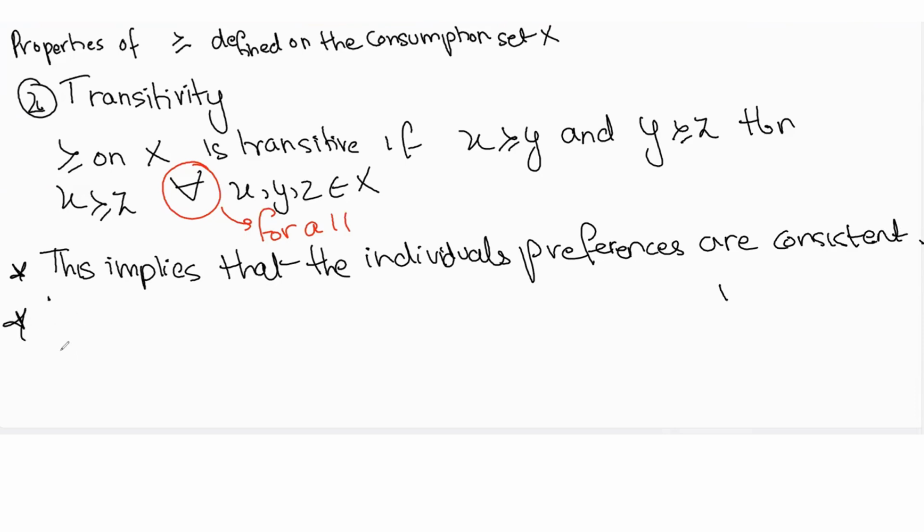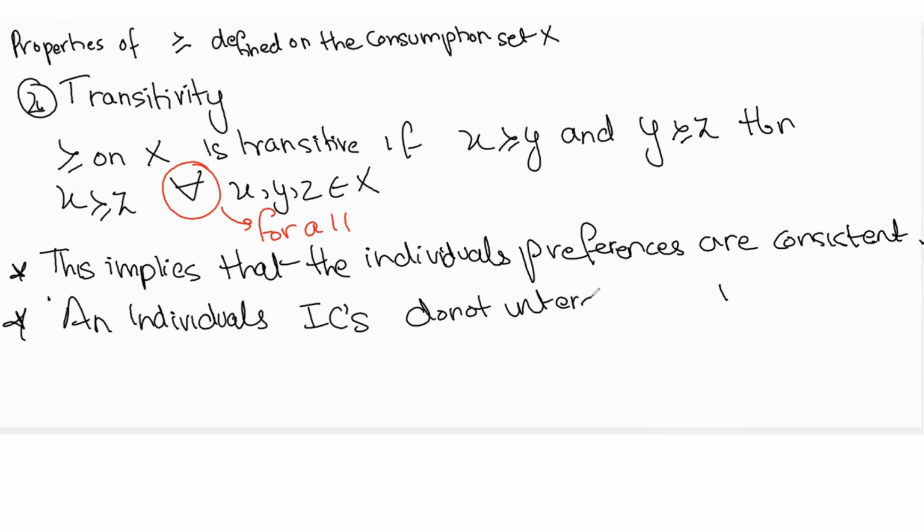If you have ICs representing transitive preferences, this implies that an individual's ICs don't intersect each other. So if you have transitive preferences, the ICs for such preferences would be such that they don't intersect each other, given transitive preferences.